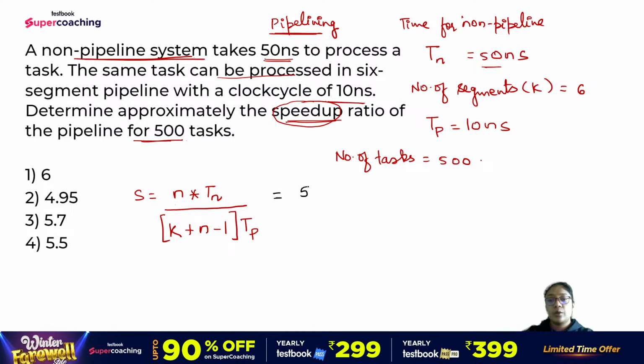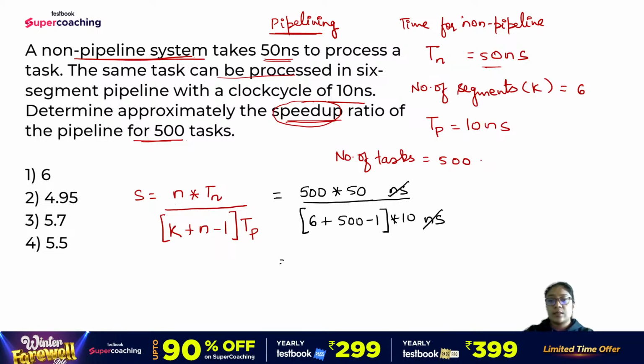So 500 tasks are there and each requires 50 nanoseconds, divided by k, the number of segments, which is 6, plus the number of instructions 500 minus 1, into the time required for each clock cycle, that is 10 nanoseconds. This is in nanoseconds and this is in nanoseconds, so it will get cancelled out.